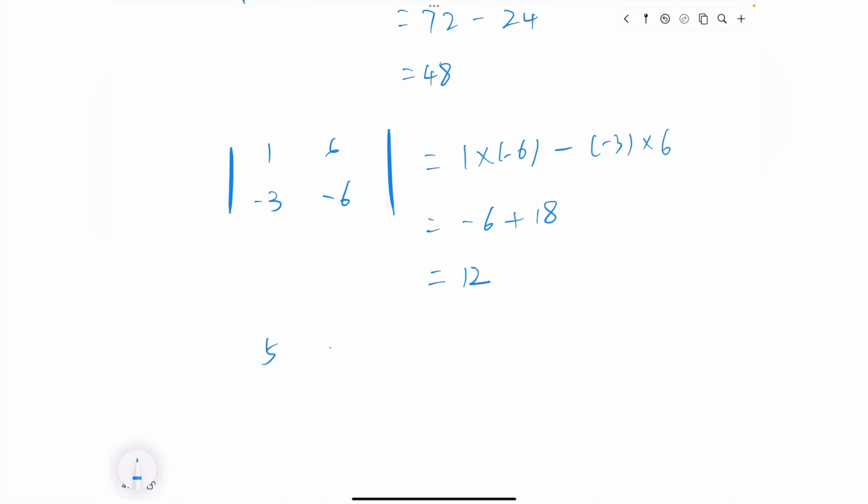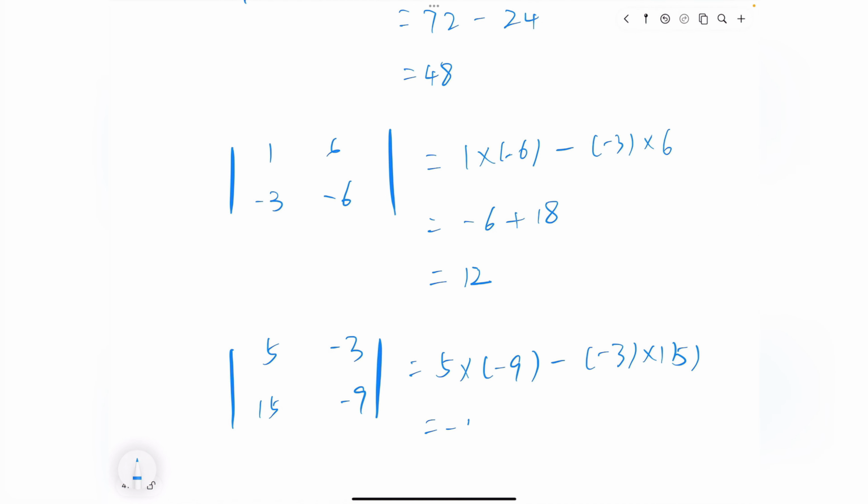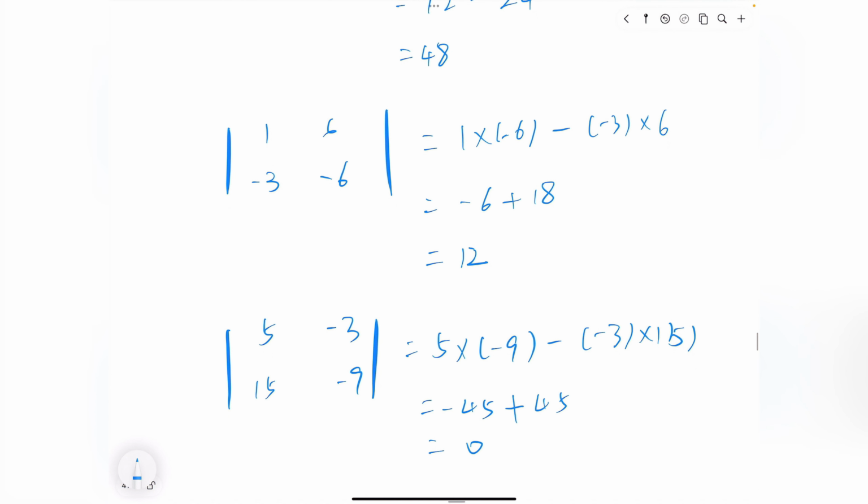We have 5, -3, 15, -9. That equals 5 times -9 minus -3 times 15. So this is -45 plus 45 equals 0.